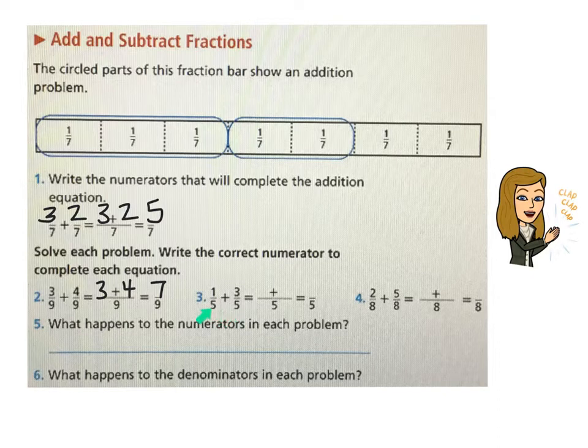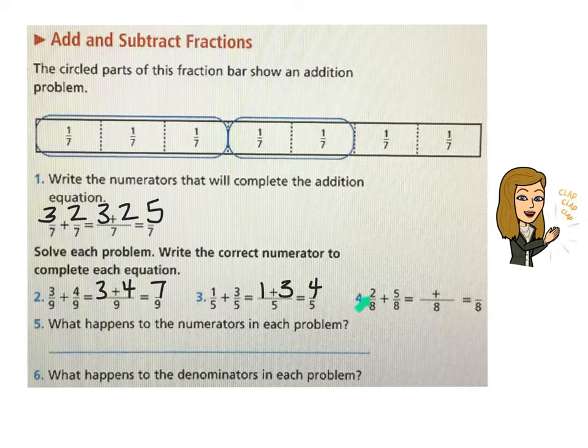So remember, the denominator stays the same. There's still 5 pieces. We're just figuring out how many of those 5 we're eating. So you'll just add the numerators. 1 plus 3 equals 4/5. So we've taken 4 out of the 5 total pieces.